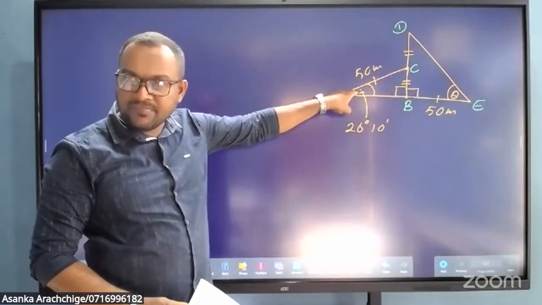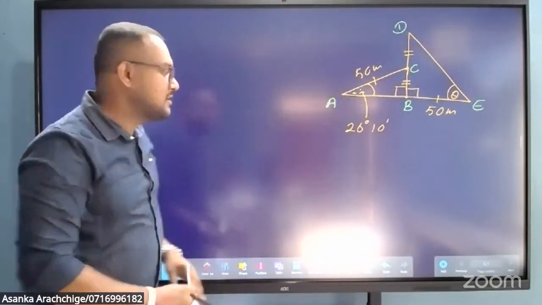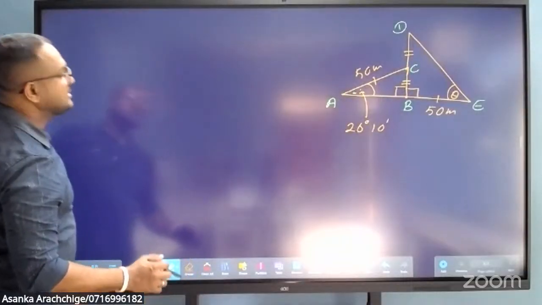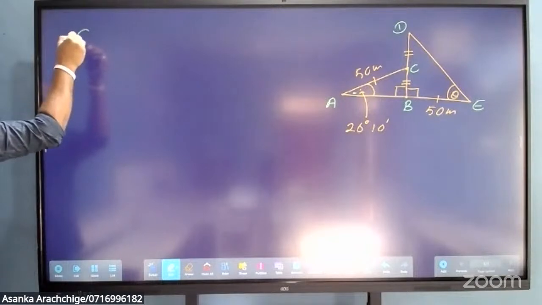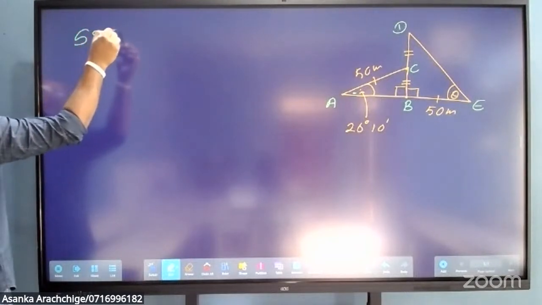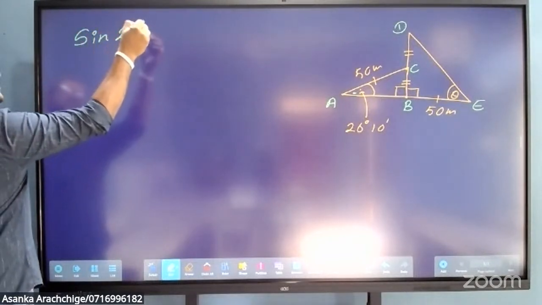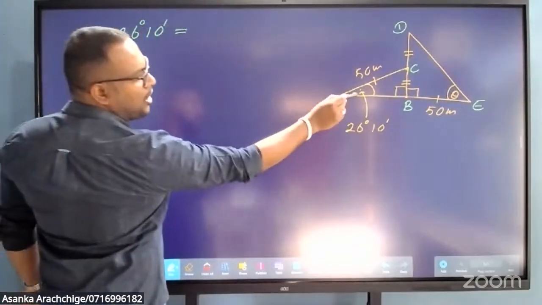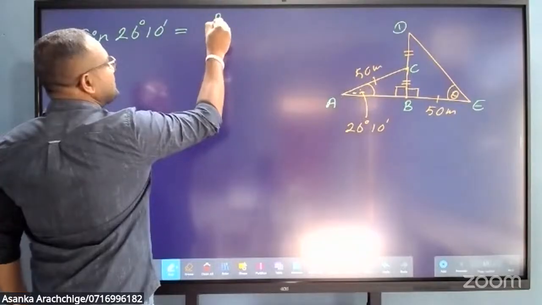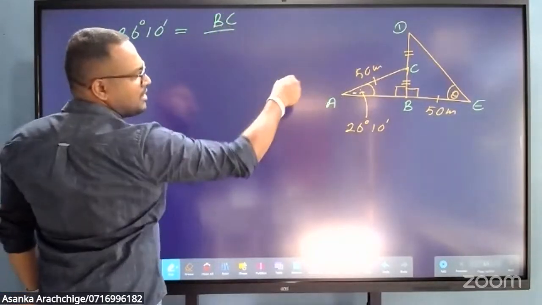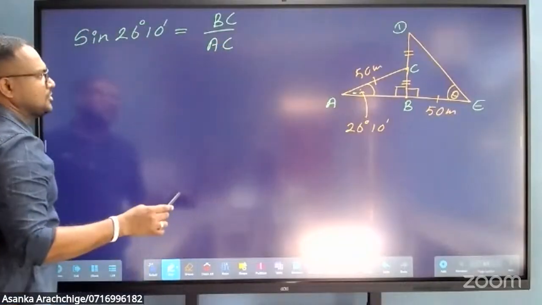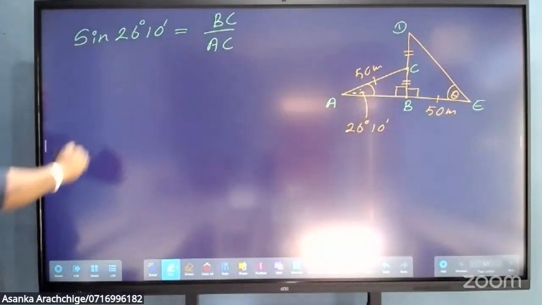Then you can write sine 26 degrees 10 minutes equal to opposite BC upon hypotenuse AC.